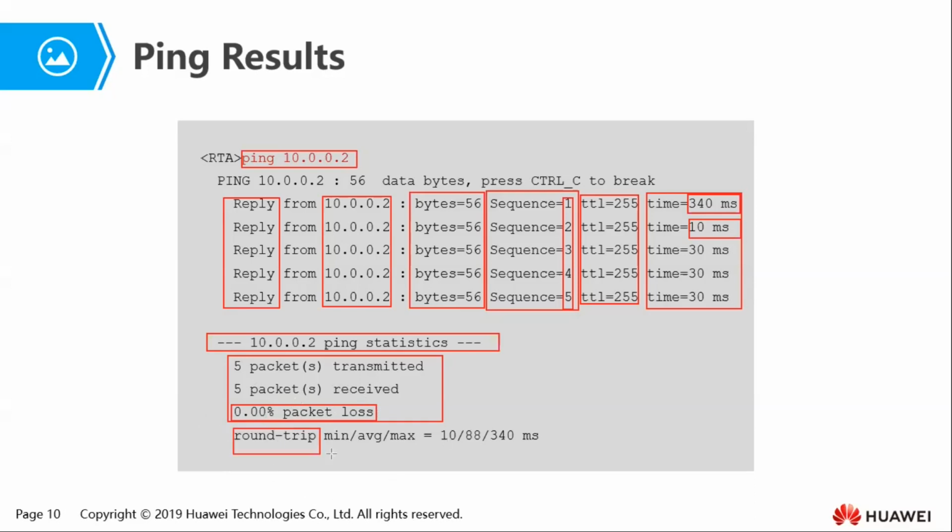And at the bottom here, we have other insightful statistics like the minimum time it took for us to get a reply, the average time for all the 5 pings we did, and also the maximum time it took for us to get a reply in milliseconds.